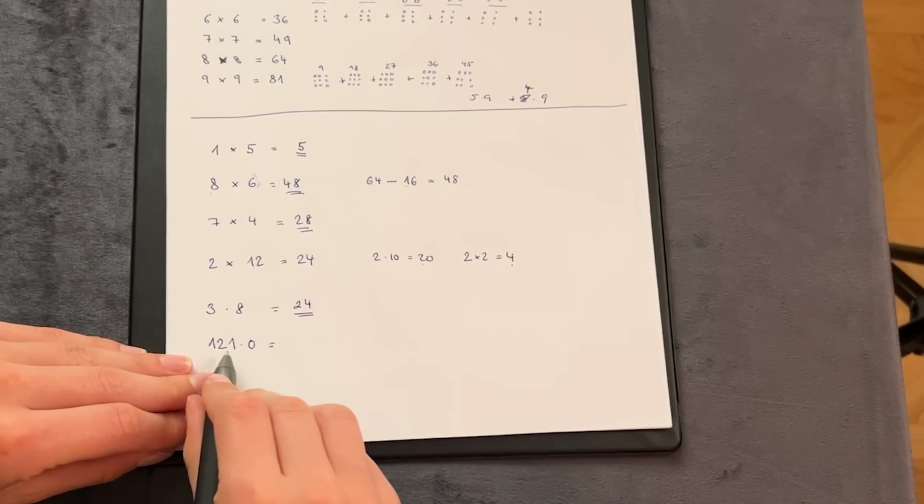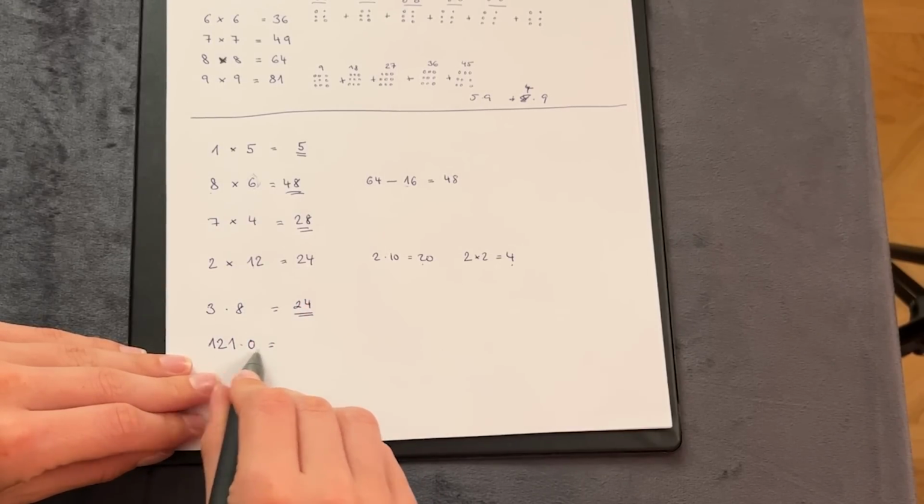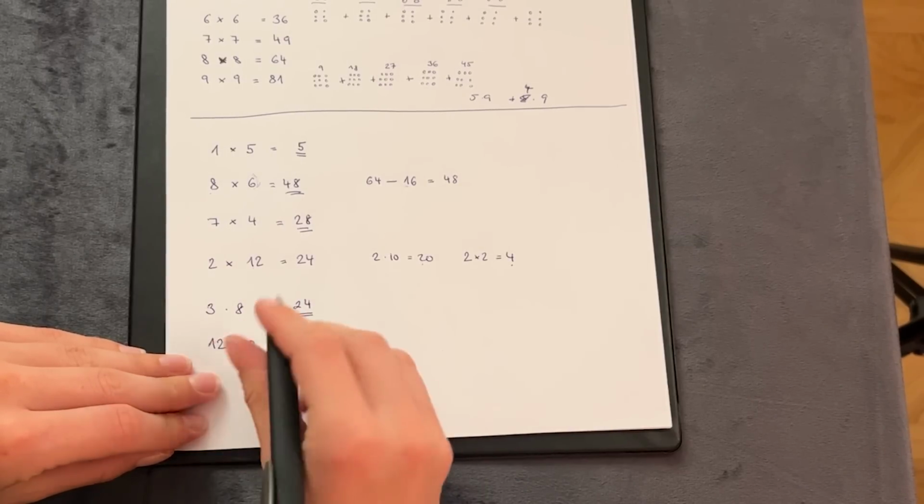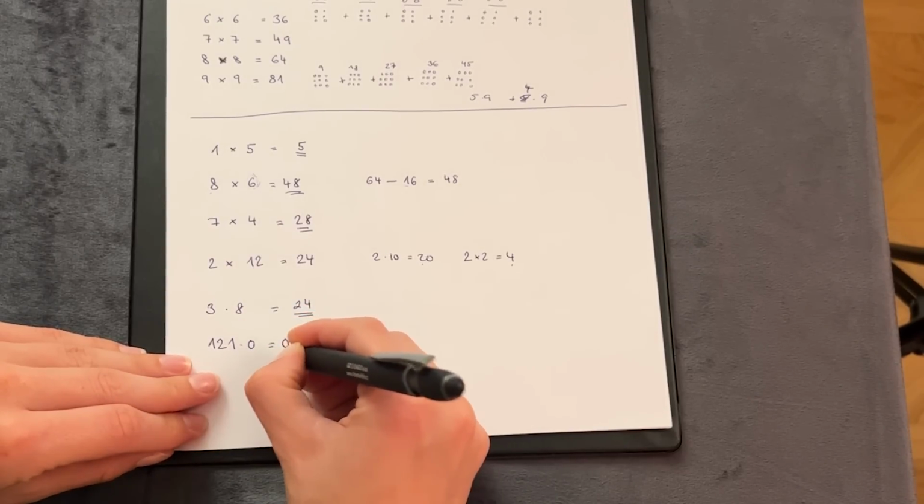Again, 121 times 0 is still 0 because of the rules that we set in the beginning. Hopefully that makes sense. Great.